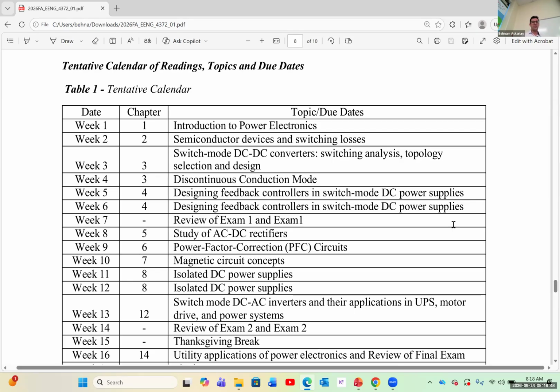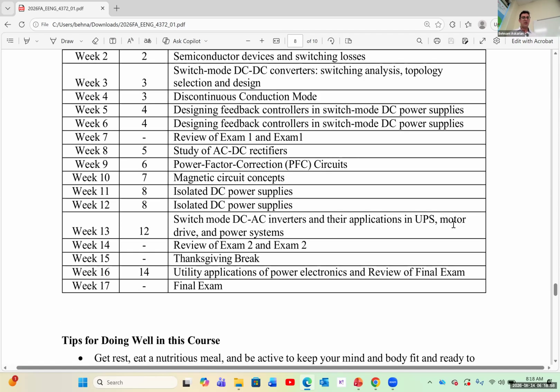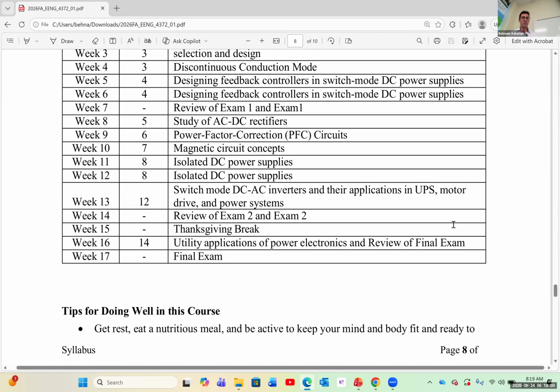Week 9 is going to be power factor correction. Week 10 is going to be magnetic circuit concepts. Week 11 is going to be isolated DC power supplies. And week 13 is going to be switch mode DC AC inverters and their applications in UPS, motor drive, and power systems. Week 14 is going to be review for exam number 2 and exam number 2.